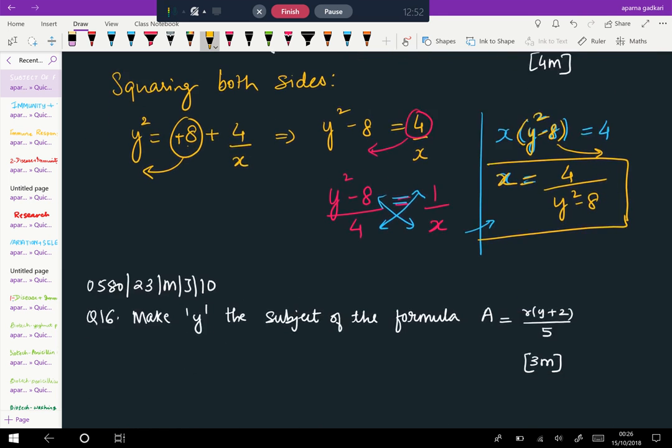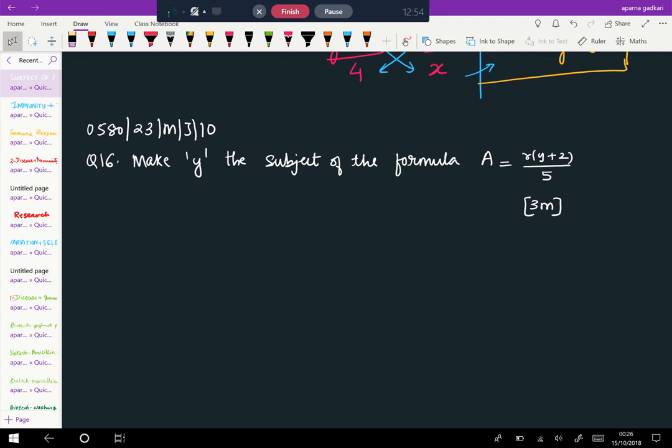And coming to the next question, it's May-June 2010 paper 2-3. You have to make y your subject. And what is given to us is a equals r into y plus 2, the whole thing divided by 5. Okay, the first thing is this 5 in the denominator, bring it to the numerator, so it becomes 5a equals r into y plus 2. Again, you need to keep only y and push everything on the other side.